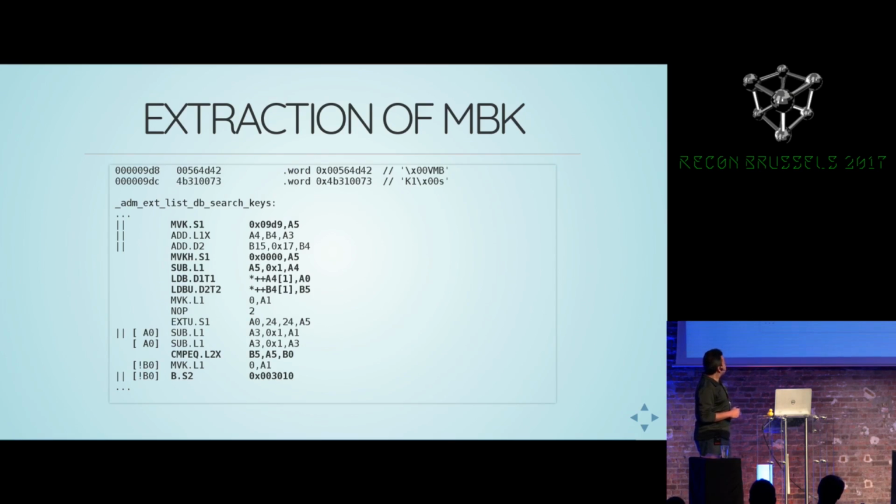The first 2 bold instructions load the address of this string, vmbk1, to register A5. 1 is subtracted, it's loaded to A4. B4 holds a pointer to the database string, that's the name of the database that we're going to load. And all this is a part of a memcompare, not the full memcompare.